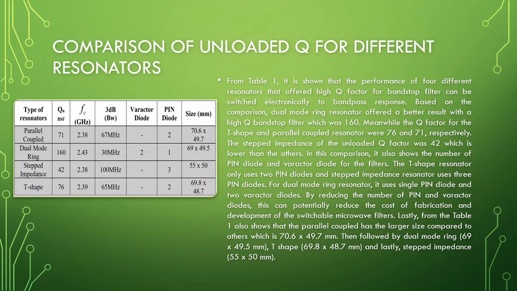By reducing the number of pin diodes and varactor diodes, this can potentially reduce the cost of fabrication and development of the switchable microwave filters. And lastly, the table also shows that the parallel couple has the largest size compared to the others, which is 70.6 times 49.7 mm. Then it is followed by the dual mode ring resonator, T-shape, and step impedance dual mode resonator.